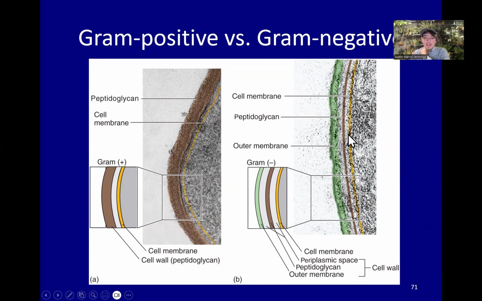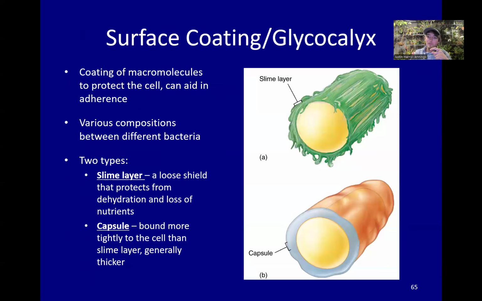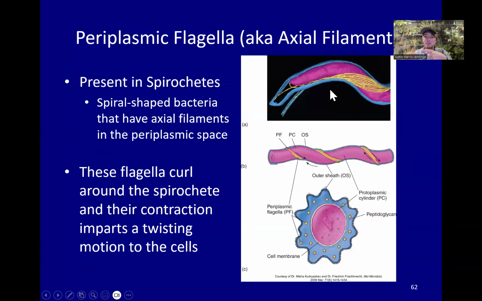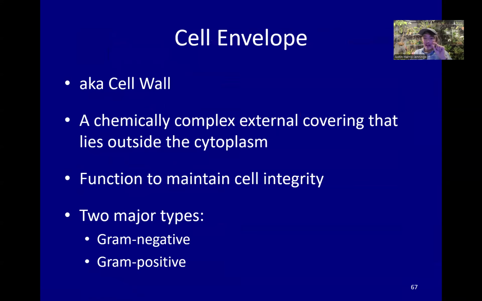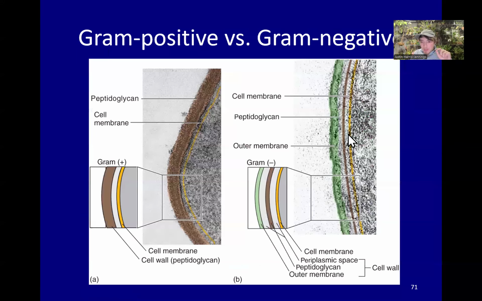Something to note is the periplasmic space that we saw with the spirochete bacteria, with the flagella in between the membrane and the cell wall. It was in that periplasmic space, which is between the inner membrane and the thin cell wall for the negative. The negatives typically have a larger periplasmic space than the positives do.